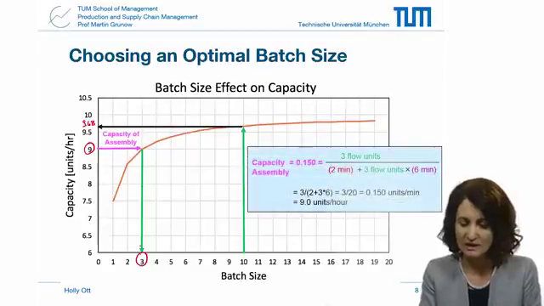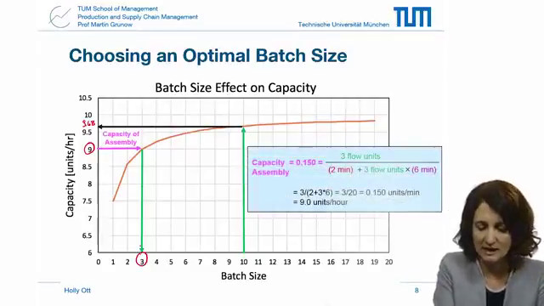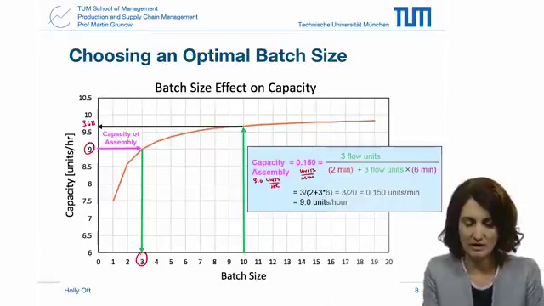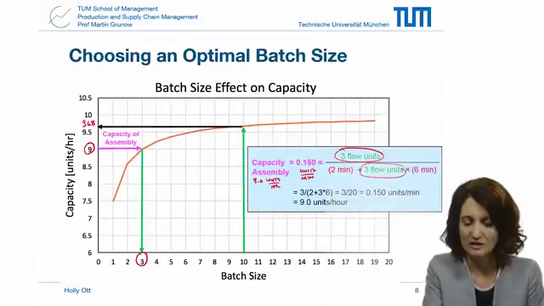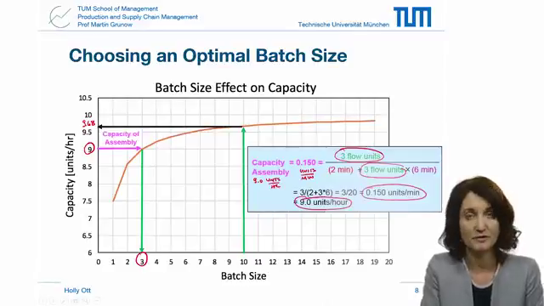We can check that. This time, we're assigning the assembly capacity of 9 units per hour, which is 0.150 units per minute. If you rearrange this equation and solve for the batch size, you'd find that a batch size of 3 gives you the same values.